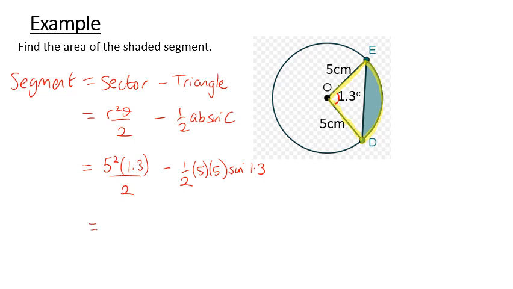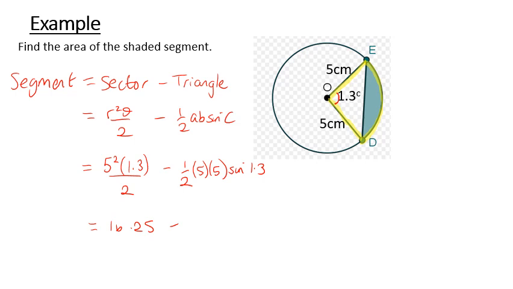Now to get the correct answer for this, I need to make sure I'm in radian mode. So on the ClassWiz, I need to press shift and menu, and then I need to go into number 2, which is the angle unit. I'm going to select number 2, which is radian mode. So now I'm just going to type all of that in on the calculator. 5 squared times 1.3 over 2. That bit is 16.25.